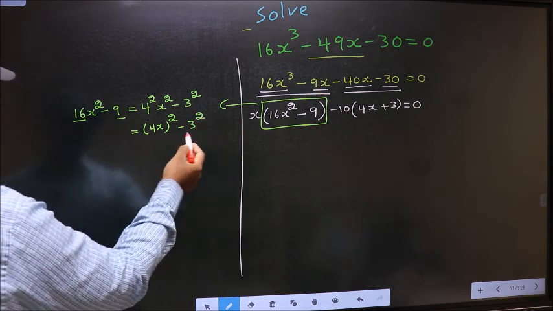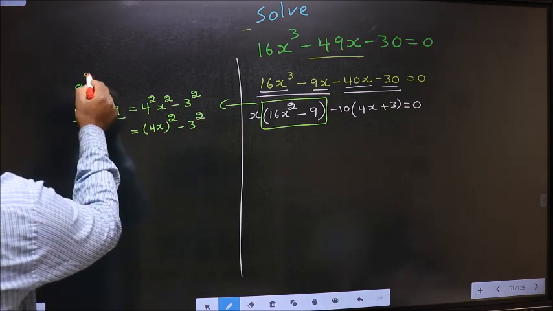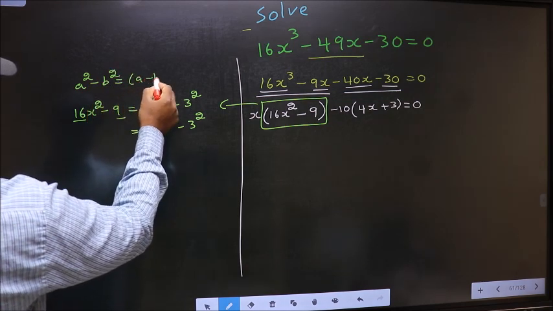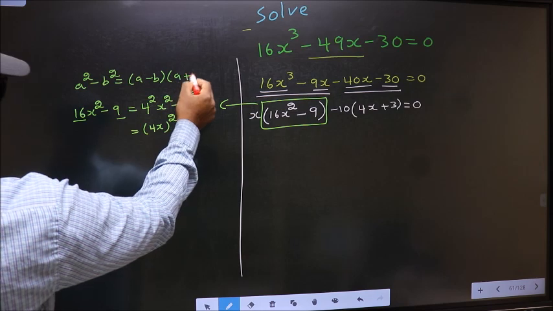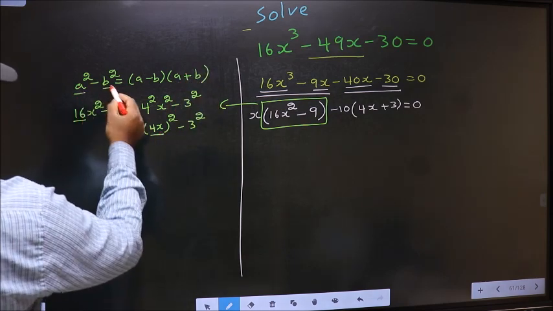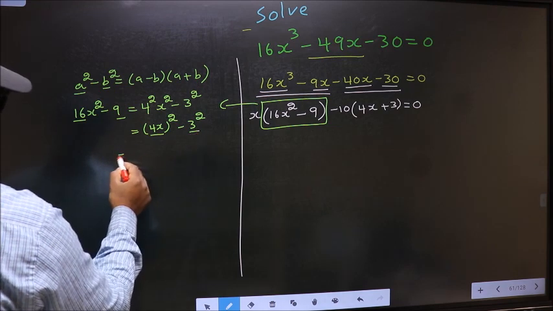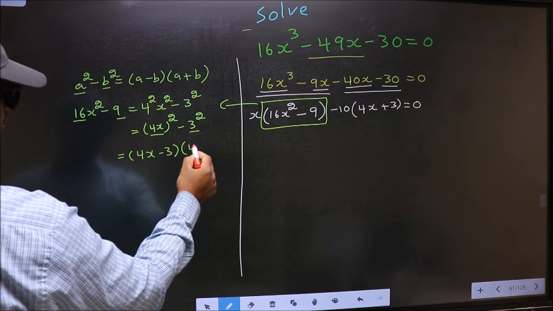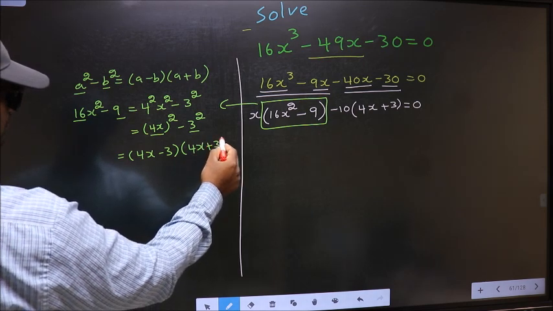Now on this we should apply the formula a square minus b square, that is a minus b times a plus b. In place of a we have 4x, in place of b 3. So we get 4x minus 3 times 4x plus 3.